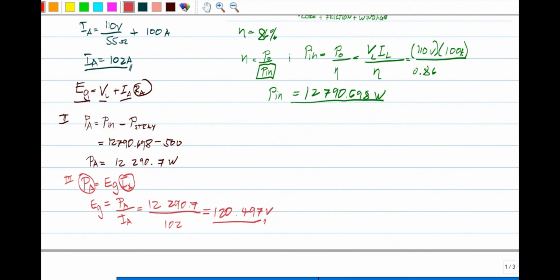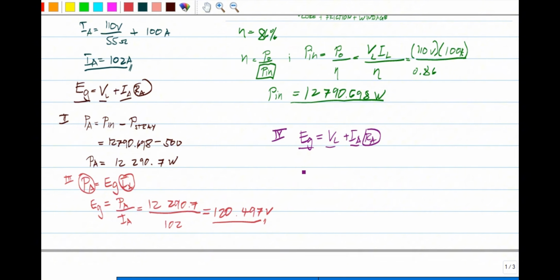Then to get the RA, step 4, from that formula, EG is equal to VL plus IA RA. We already have EG, VL, and IA. What's missing is the RA.